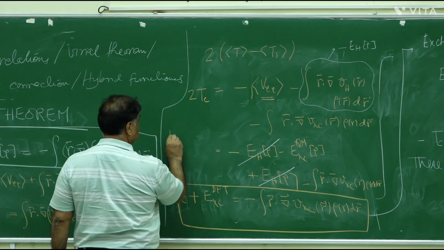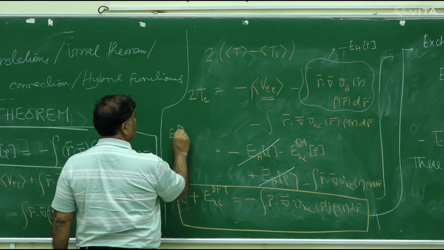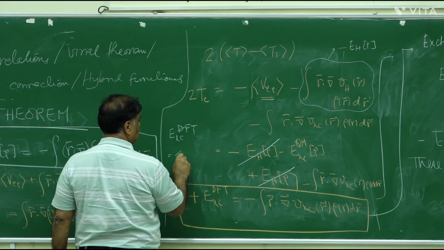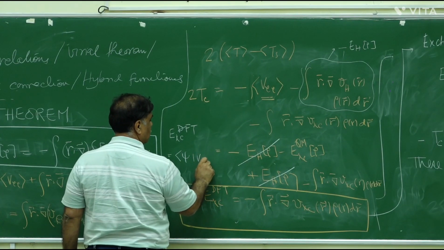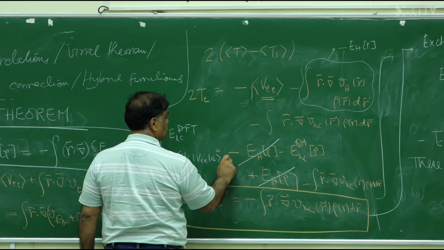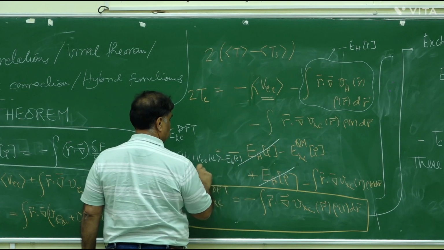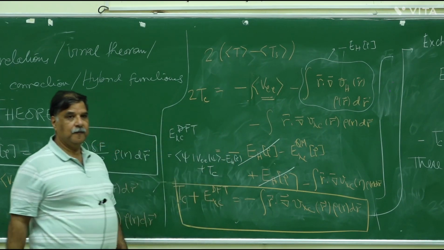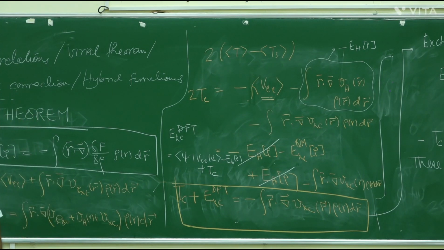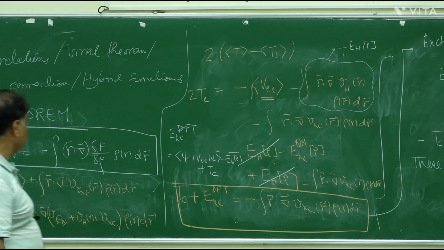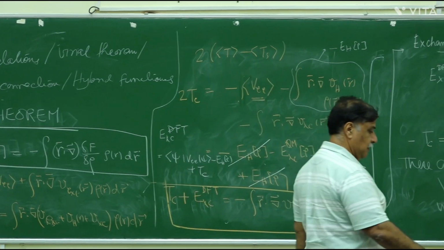I have used that E_XC DFT is psi V_ee psi minus E_Hartree rho plus E_C. Alright? Any other question? Alright. So that's the other relationship.